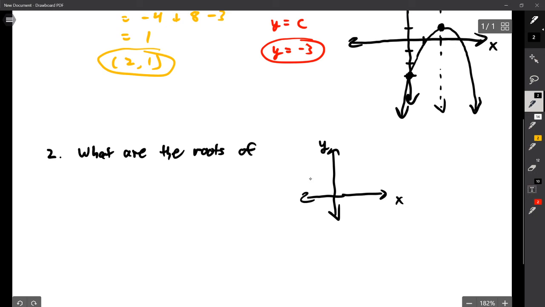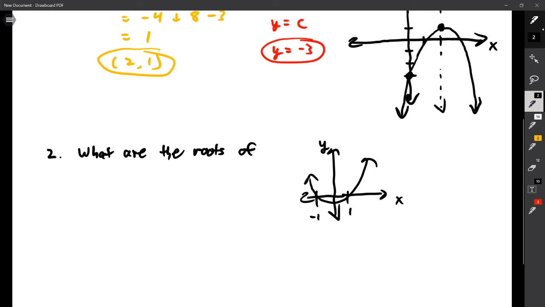And it's going to be this parabola here. I'm going to say that's 1, and that's -1. All right, so what are the roots?